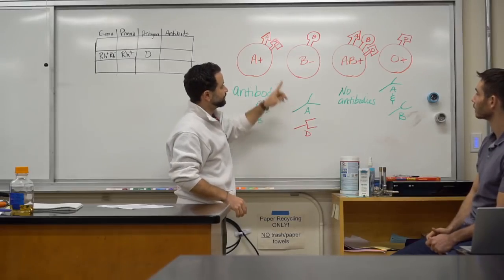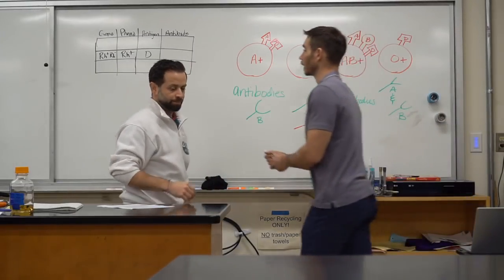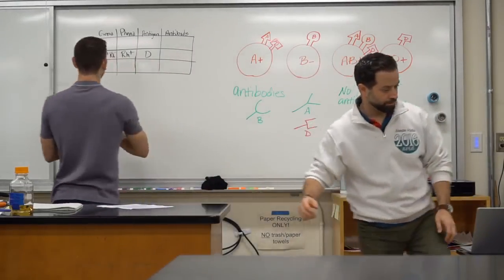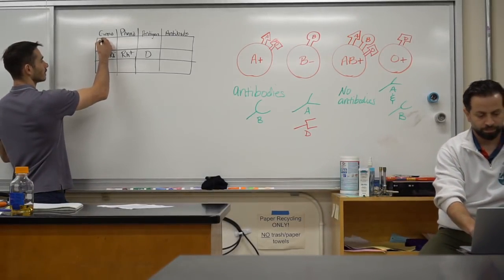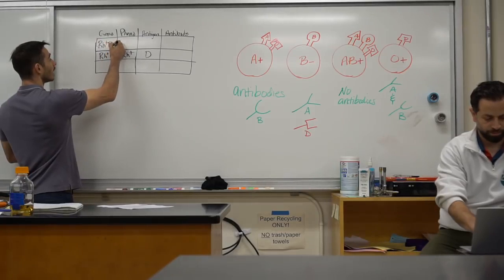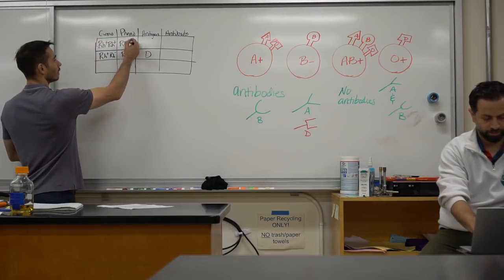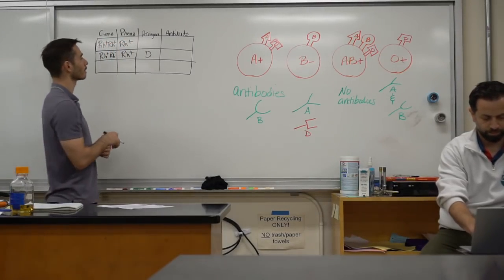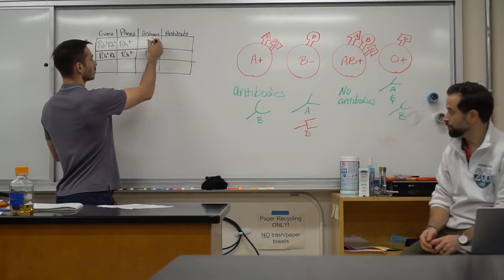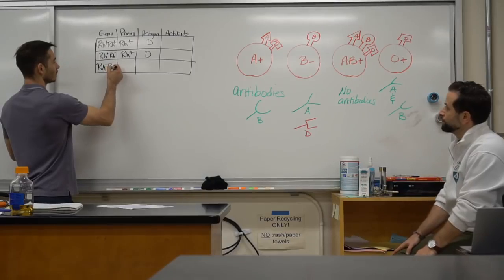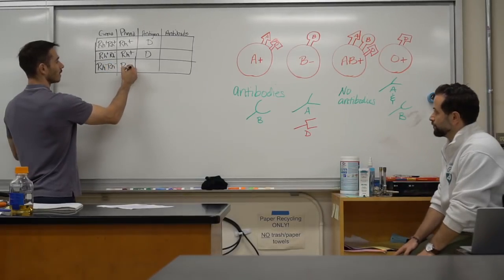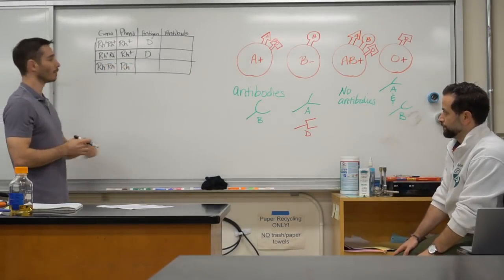So the only one that has the antibody is a negative blood type. So let's quickly fill out our table. We know that it's possible to be RH plus, RH minus. The other possibilities are plus, plus, which gives us a positive phenotype, and the antigen there would still be the D antigen. And the last possibility is to have 2 negatives, which gives us a blood type that's negative.